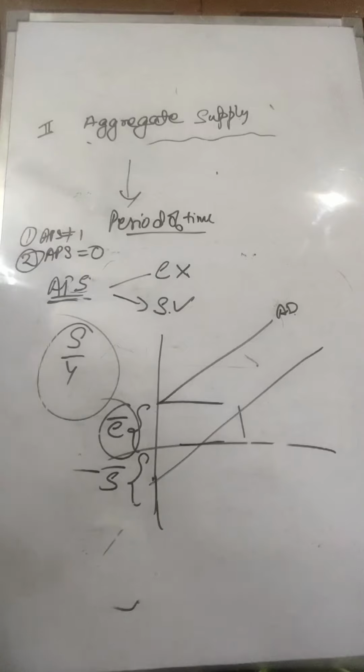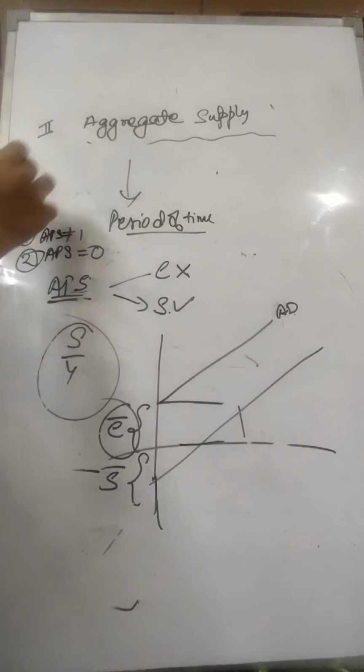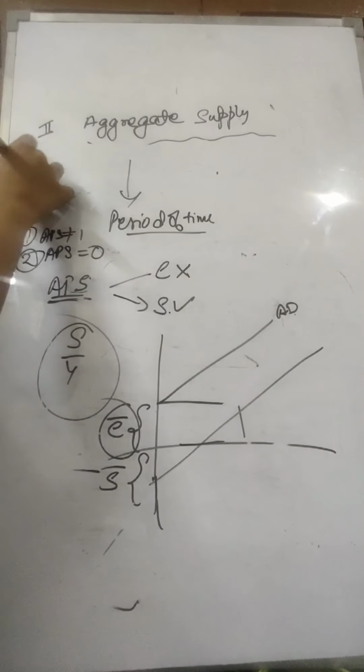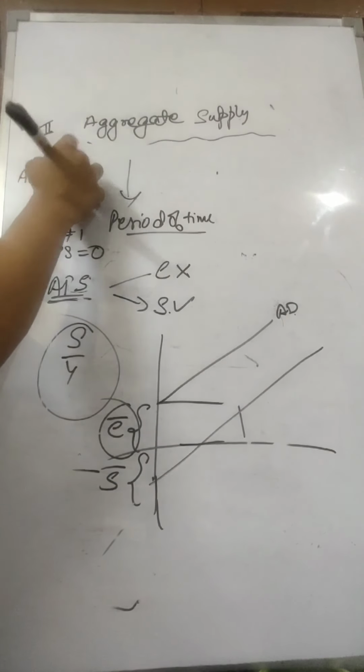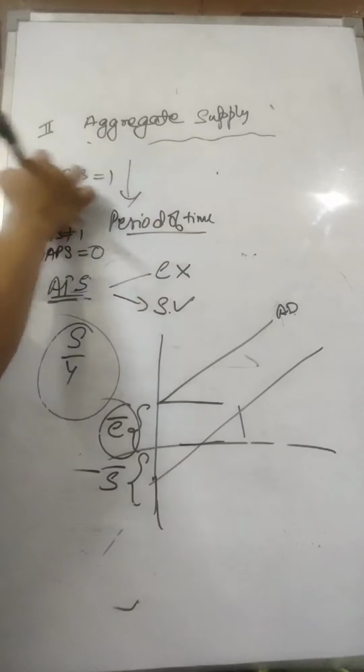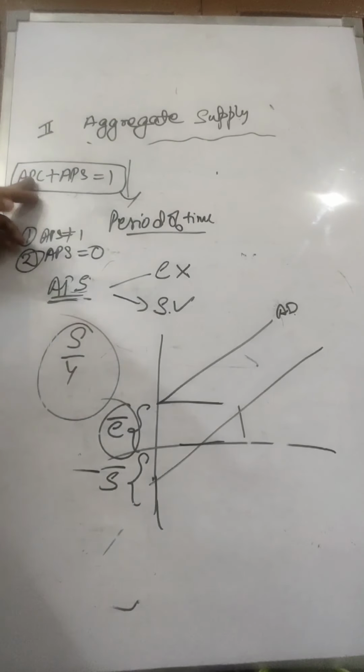Again, one important feature: as we have done with APC as well as APS, now I am telling you that APC plus APS is always equal to 1. Either you consume or you save, as we have done before.